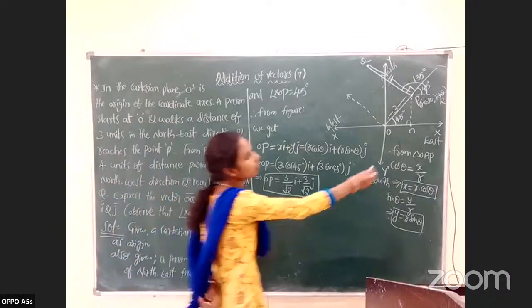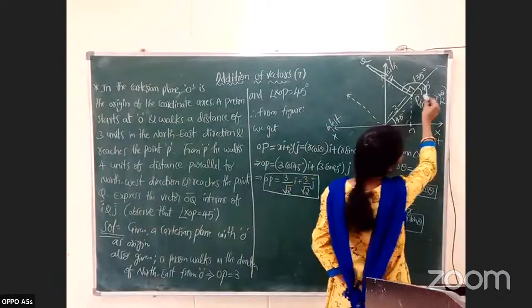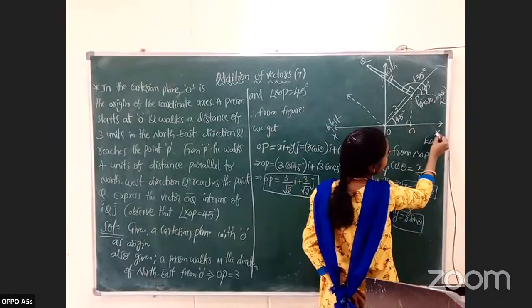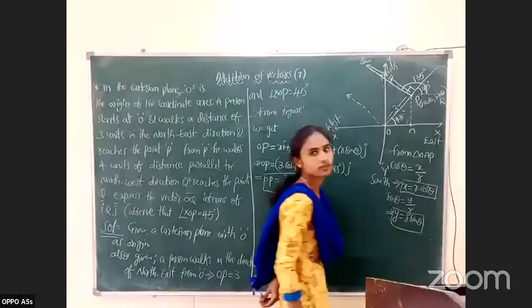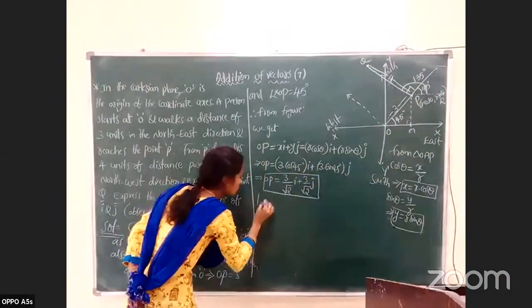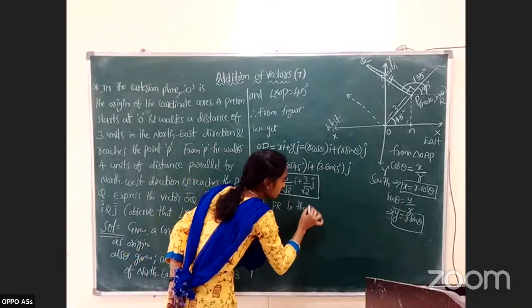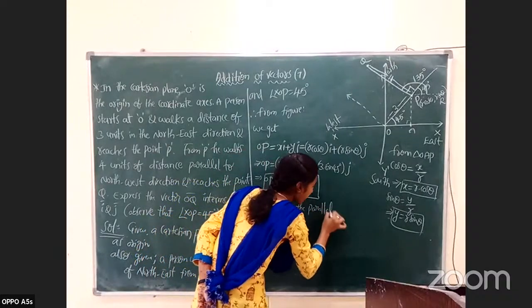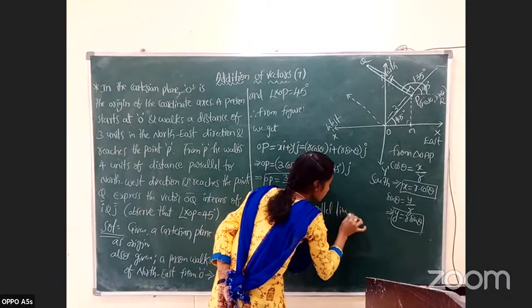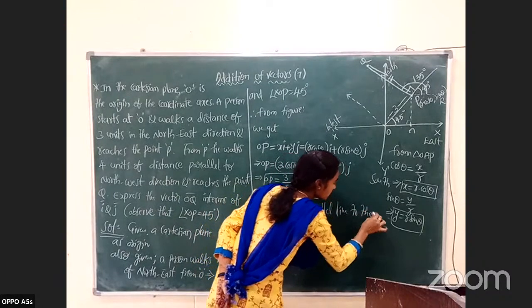Now here, what have we done? We draw a parallel line to the x-axis from P. So write that. Let PR be the parallel line to the x-axis.